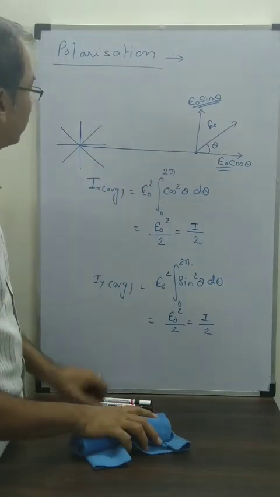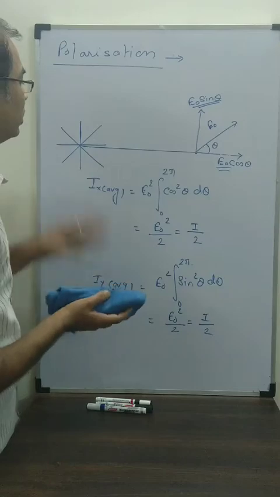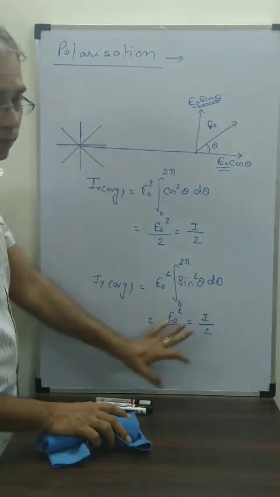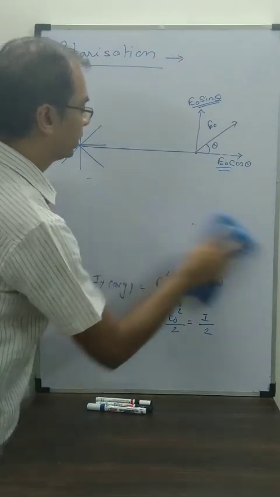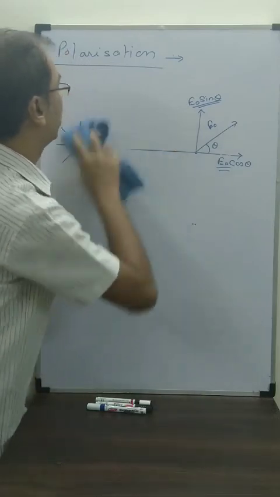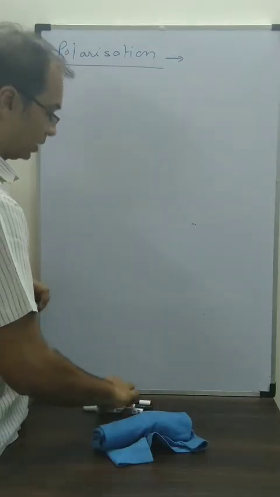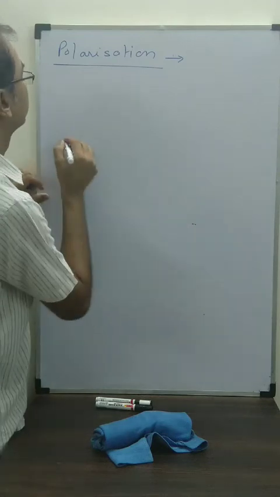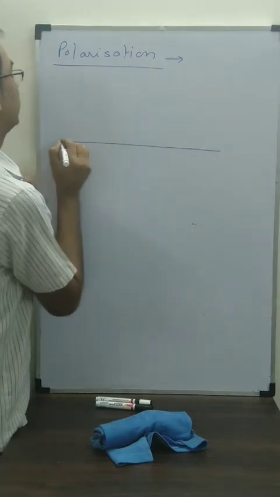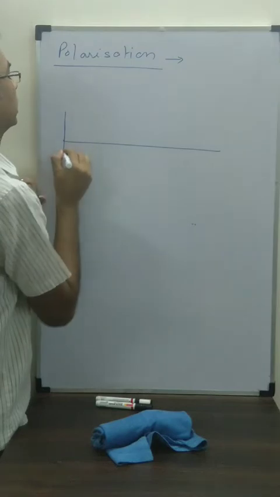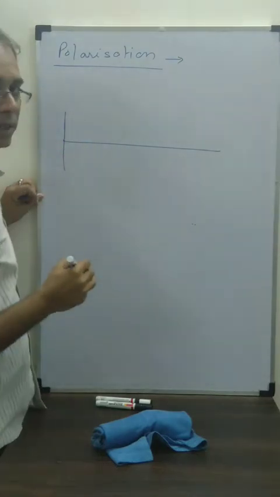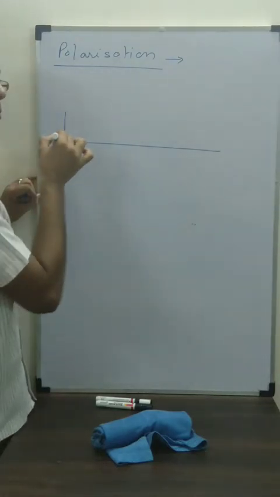Now suppose I am going to make this light go in this direction. Other than this, let's check how the energy is propagating. Suppose there are two particles over here, one oscillating like this and another oscillating along z.